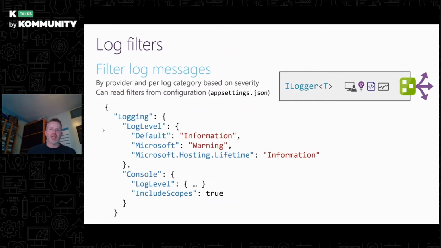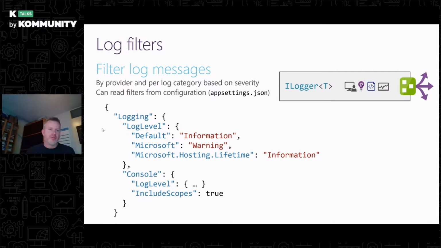And in your app settings, you're able to specify for each of those providers what the various levels are that you want to listen to. It's like a volume knob. If you turn down the volume, you will only hear the most important ones, like critical, error, warning. But if you go beyond that and turn up the volume to information or even debug, you will get more and more log information. Otherwise, it will be discarded.